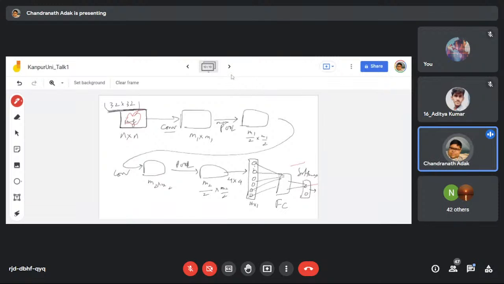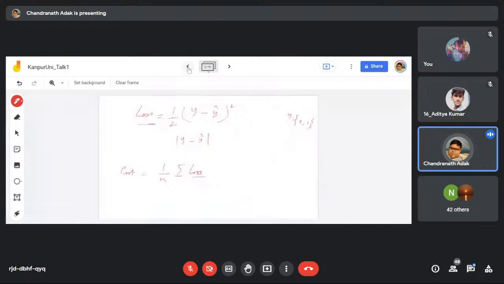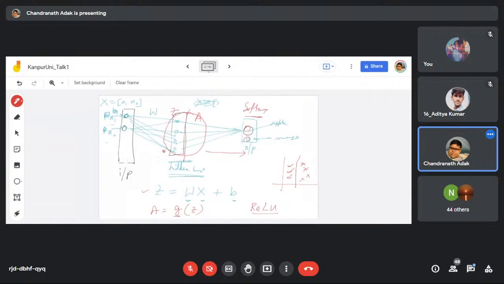I did not mention a few other concepts from the neural network, that is backpropagation. You are calculating some loss, and here you are learning this W, the learning parameters. You need to propagate back how much loss you have.